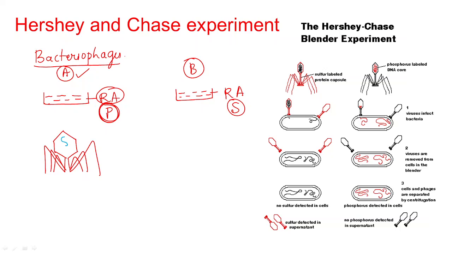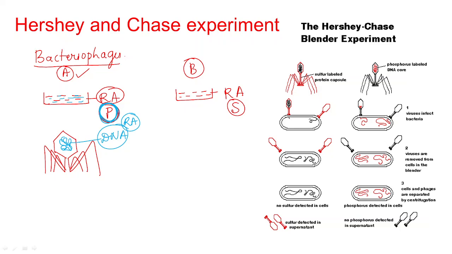See here, I will show it with a different color. This blue color indicates radioactive material. So, see here, this is DNA that is radioactive in nature. Radioactive DNA. Is that clear? Why? Because in the first setup, the medium was containing radioactive phosphorus.